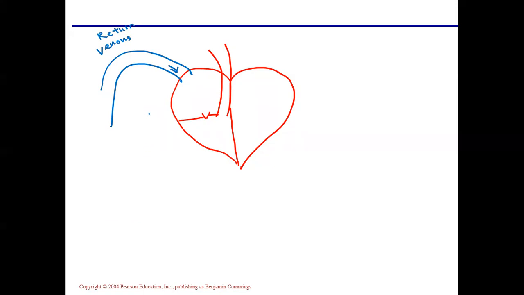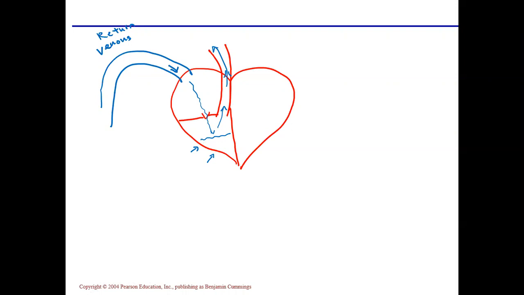Okay, so think about it. The blood from the atrium is going to fill up the ventricle, and then the ventricle is going to contract, the 2A and the 2B: isovolumetric contraction followed by ventricular ejection, and then you open up the SL valve, and this goes to the lungs for oxygenation.